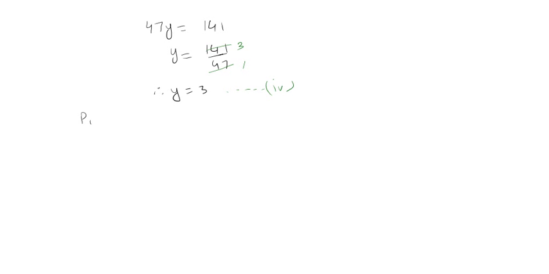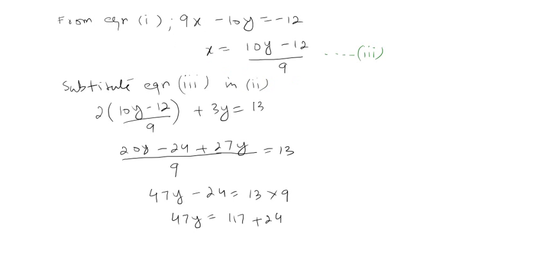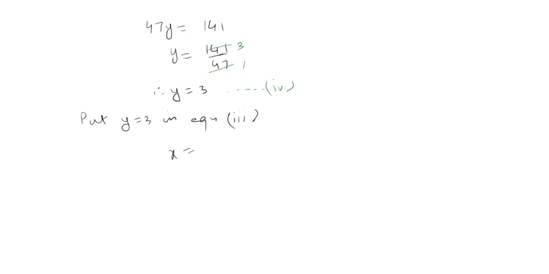You can write: substitute y is equal to 3 in equation 3. So equation 3 was this one, 10y minus 12 upon 9.